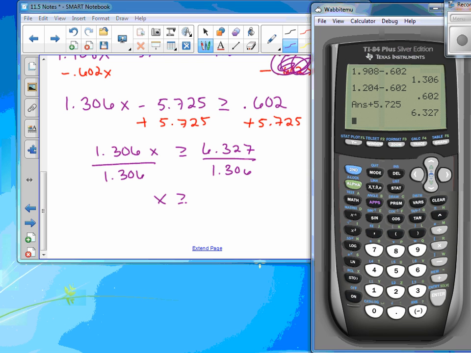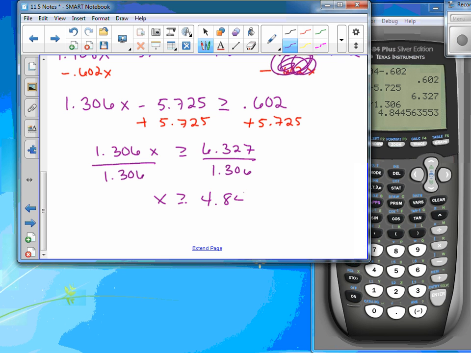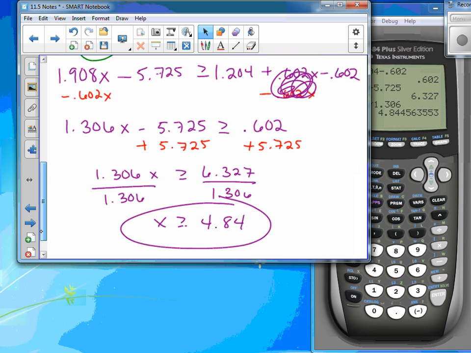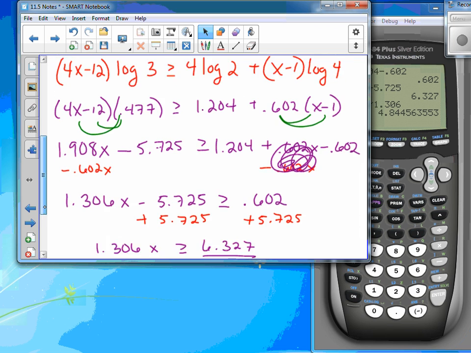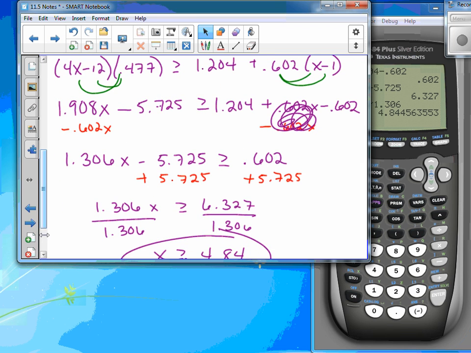And then x is greater than or equal to 4.84. I mean, that was quite a bit of work. All right. But again, once we got past the log stuff, it was just an algebra problem.